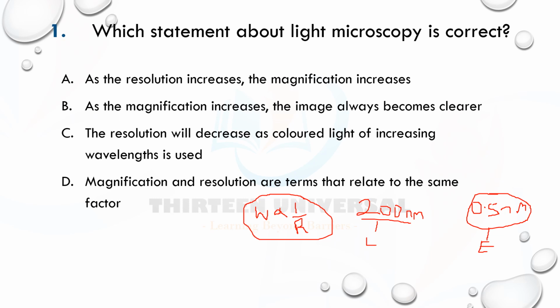So which one sees more? Of course, it is the electron microscope, because it sees more details, from 0.5 and above. This sees from 200 and above, so the electron microscope can see details from 199 down to like 1.